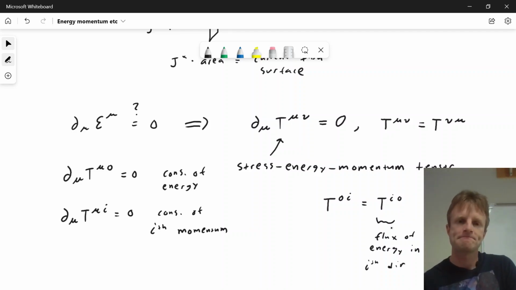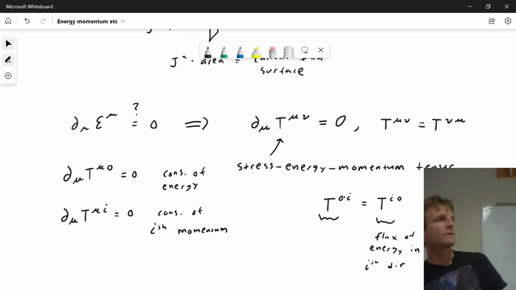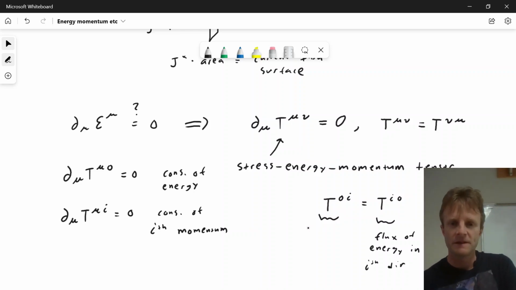Okay? But what is this thing by our definition down here? Well, now we've got an i in the second index, and so we're talking about the ith momentum, but we have a 0 in the first index, so that's referring to just the density of momentum, just like the J0 referred to the density of charge. So this is just the momentum density.